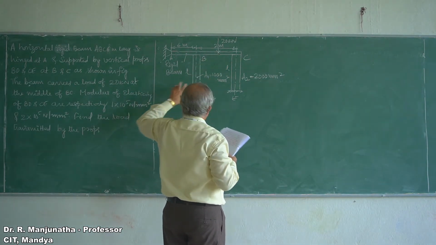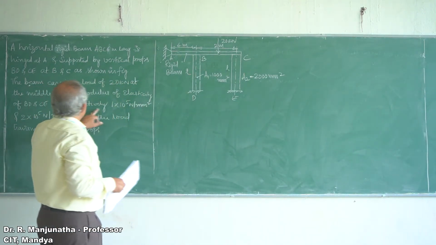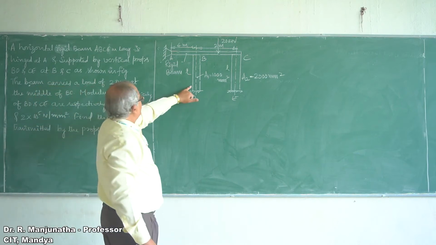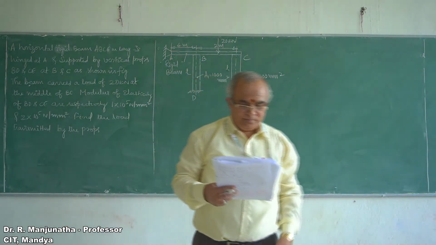The modulus of elasticity of BD and CE respectively are 1 into 10 to the power of 5 and 2 into 10 to the power of 5.